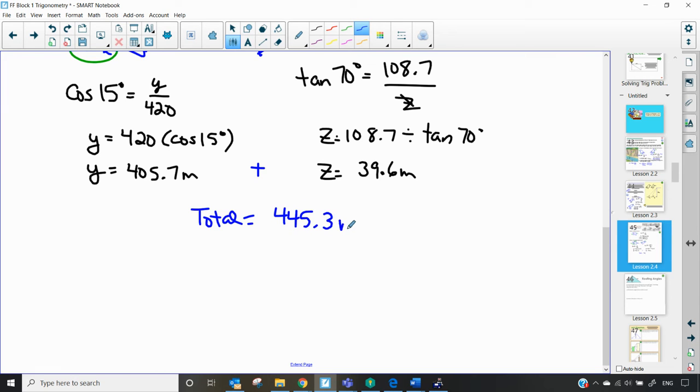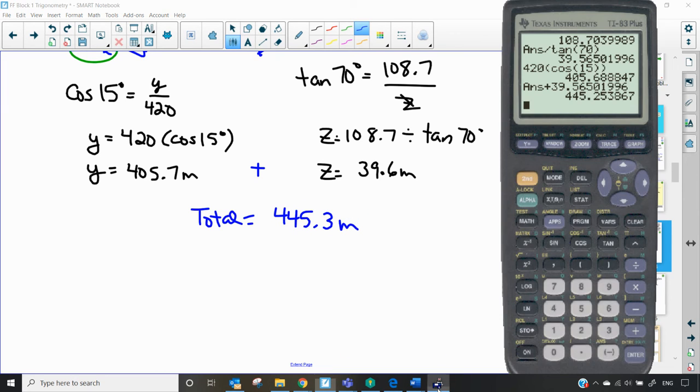Now, if you really want to keep everything exact and not have to worry about typing anything out in terms of numbers, you could also type this all in one step. So you could go in brackets 420 times cos 15, close your brackets, plus that 108.7.